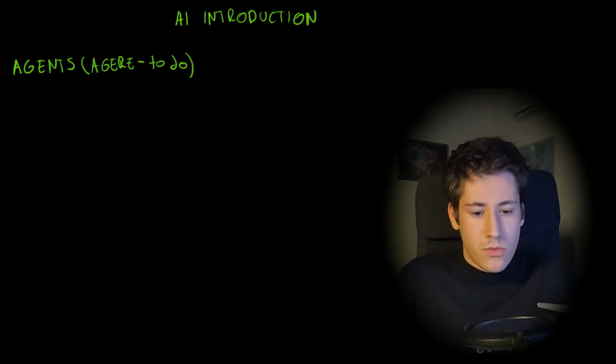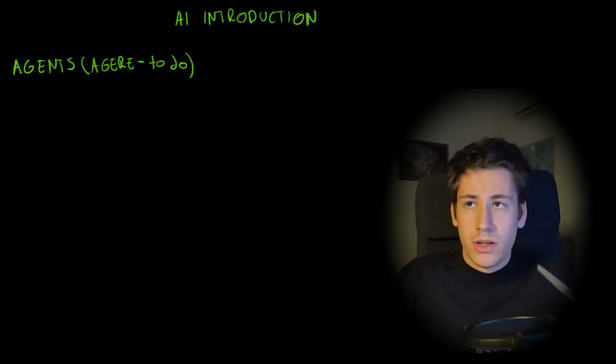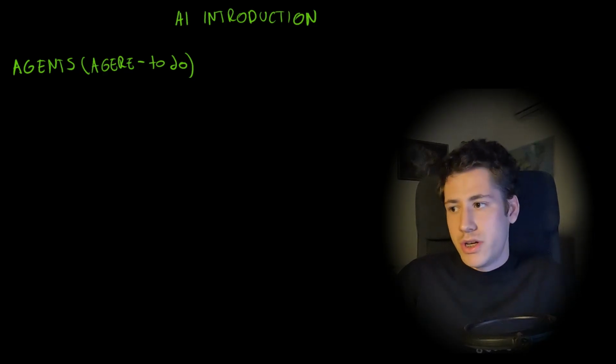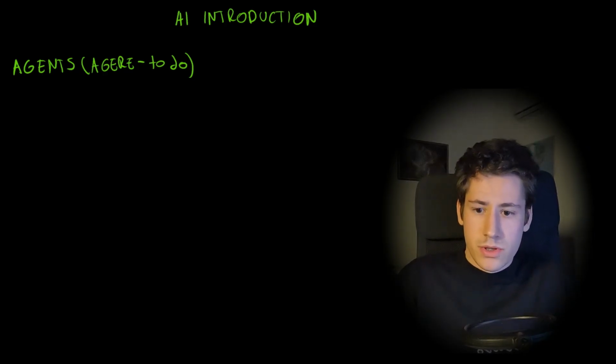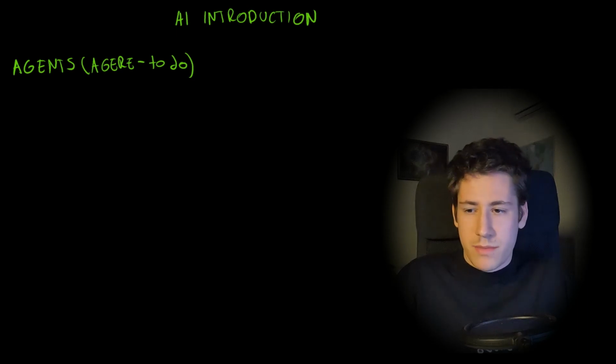But first, we need to talk about the fields from which the AI originates. Some of the most obvious ones would be discrete math, computer science, electrical engineering, because electrical devices are the mediums in which we implement these intelligent agents nowadays. That might change in the future with the advance of quantum computers.